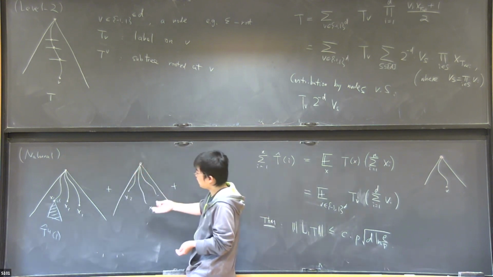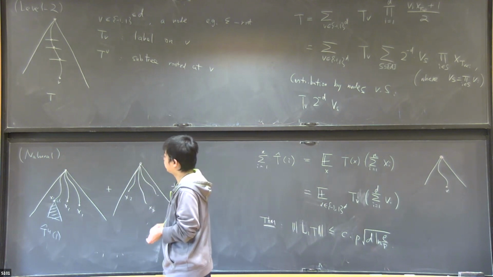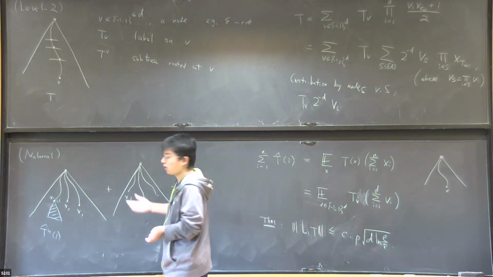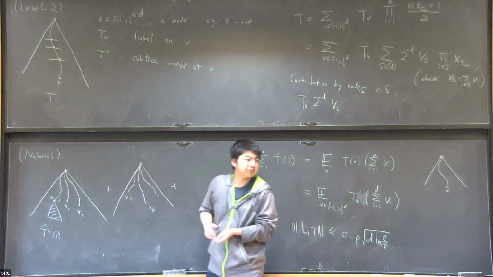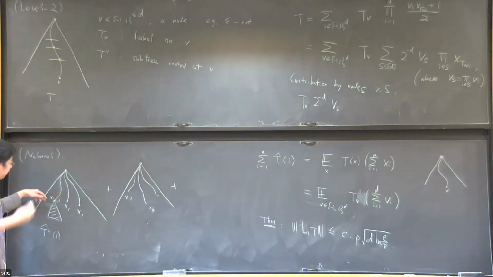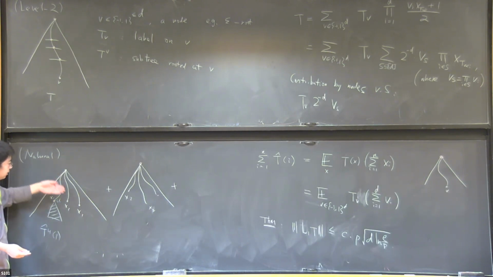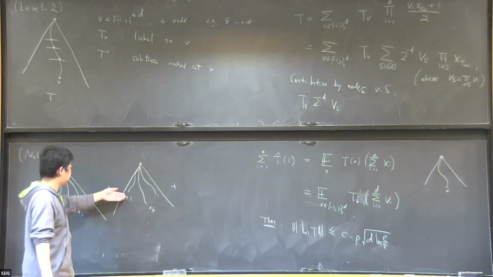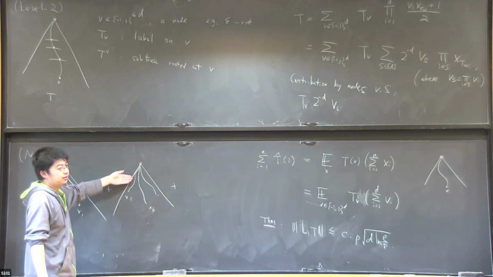And that will recover the contribution from all pairs of nodes. Here we are only counting contributions from pairs formed by taking x1 and a node above it, and here we are counting the contributions from pairs formed by x2 and a node above it.